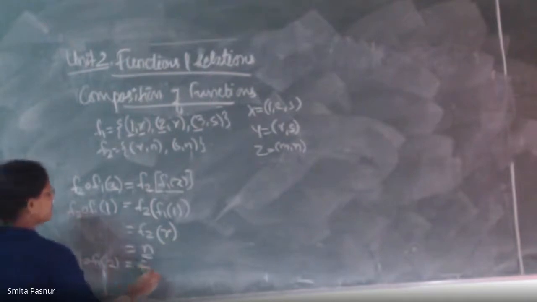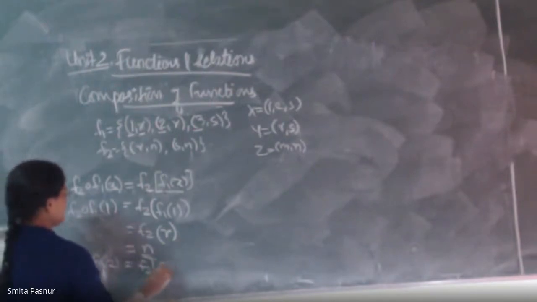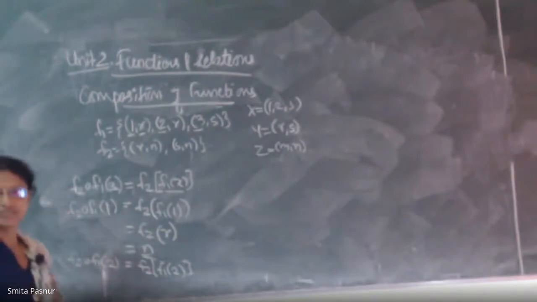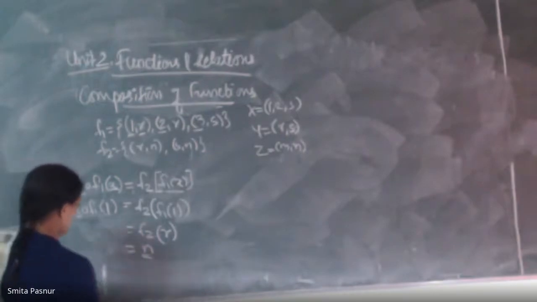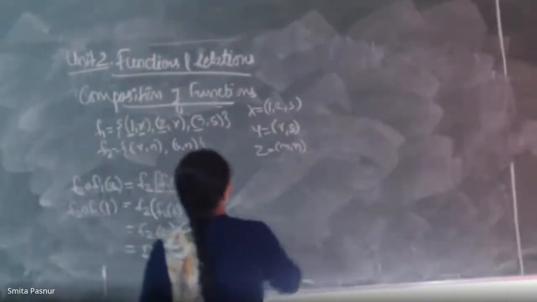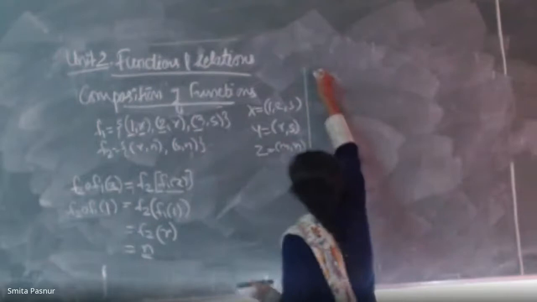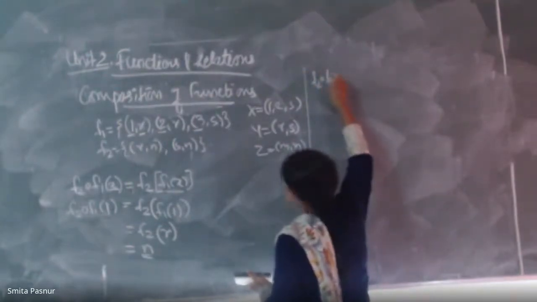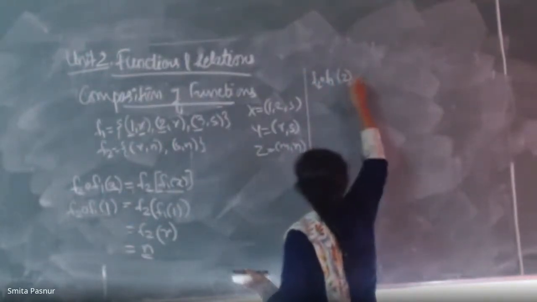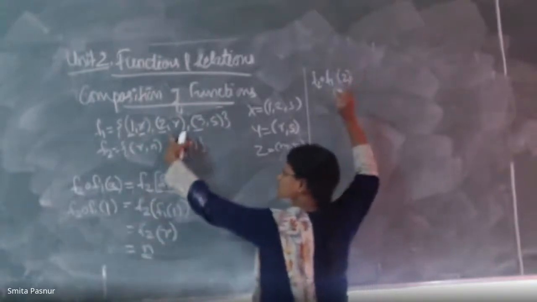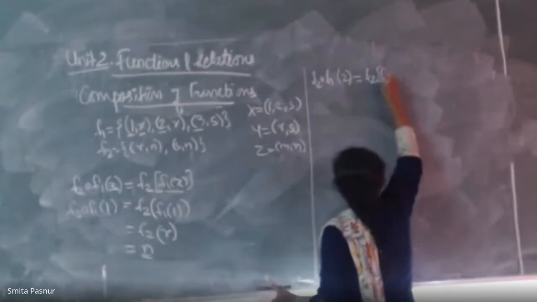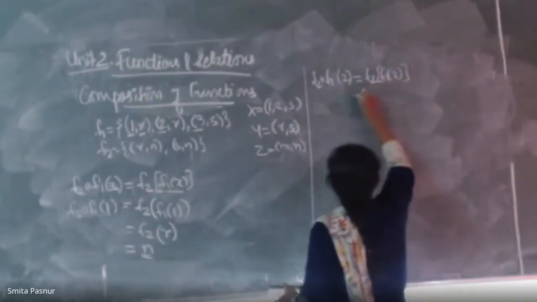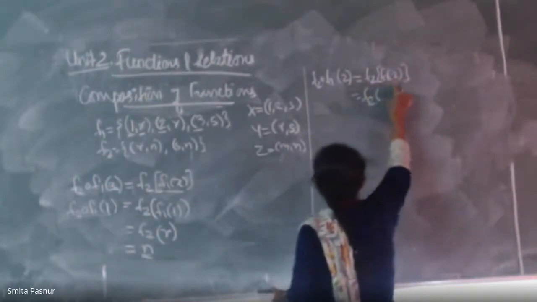Now I will write F2 composition F1 with 2. Is that clear? I think you're not able to see down, so I'm writing here. See, F2 composition F1 of 2. Because 1 you have solved, now you have to solve for 2 and 3 also. So I will write F2 of F1 of 2. What is F1 of 2?